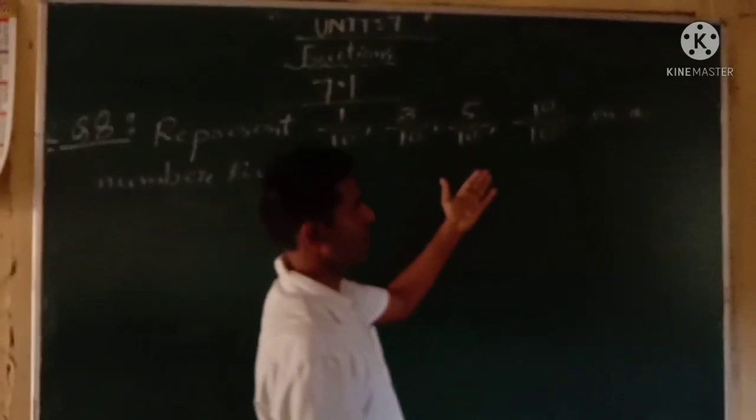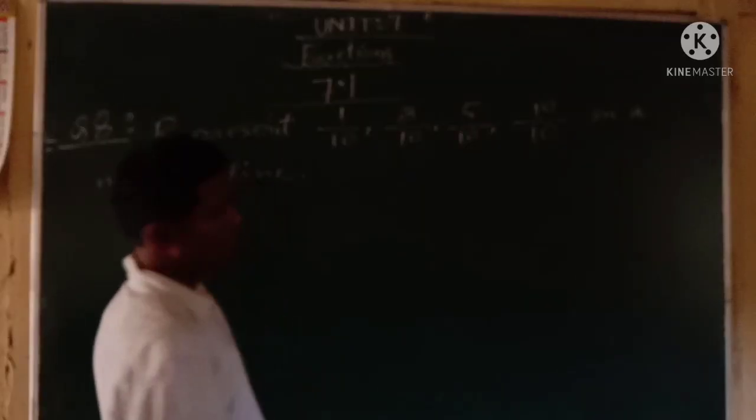Okay, now see question number 8. Represent 1 by 10, 3 by 10, 5 by 10 and 10 by 10 on a number line. Right? Now solution. It's a very simple question. Now see. First of all, in order to solve, we'll make a number line.